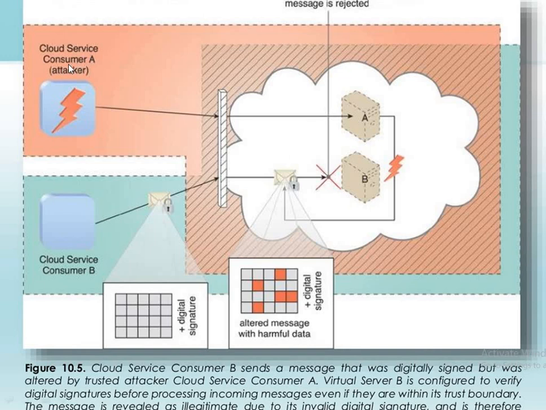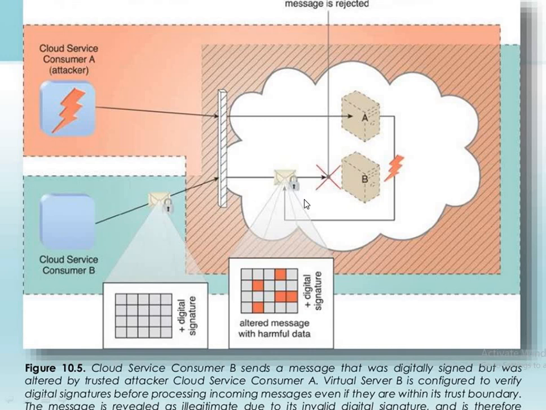This is cloud service consumer A, which is going to act as an attacker. This notation is used for showing an attacker, and this is a genuine cloud service consumer B. So he is sending a message. Along with that, a digital signature is also appended to the original message, and that message goes to the cloud through this firewall.